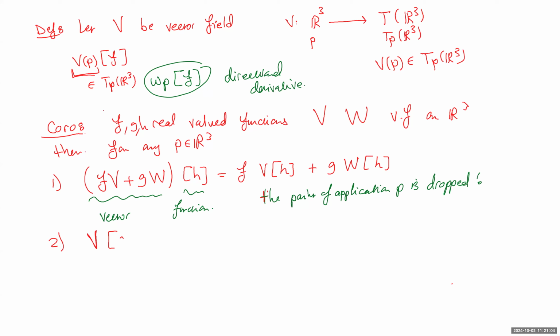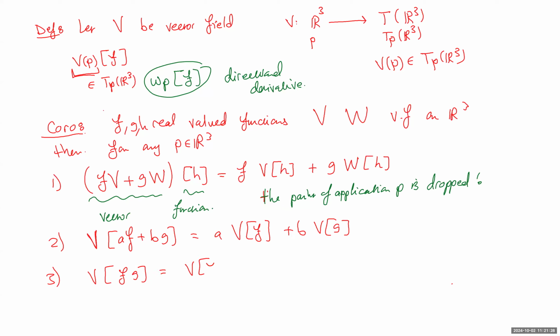We can apply a linear combination of two functions on it. And that would be applying V to the individuals. Lastly, we will have something like the product rule: V of f times g plus f times V of g.